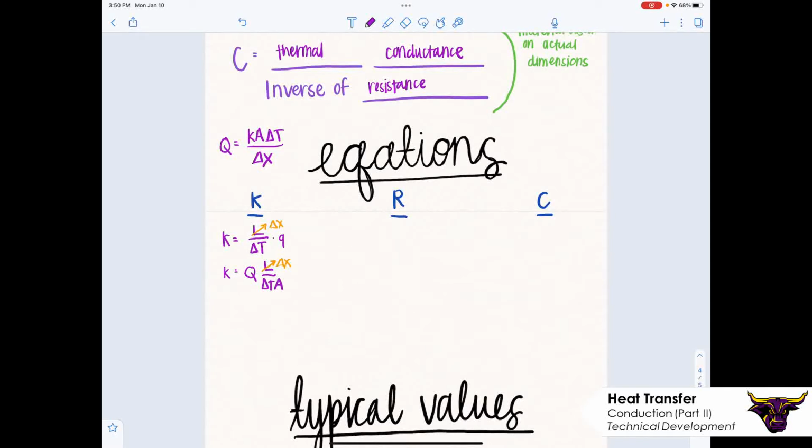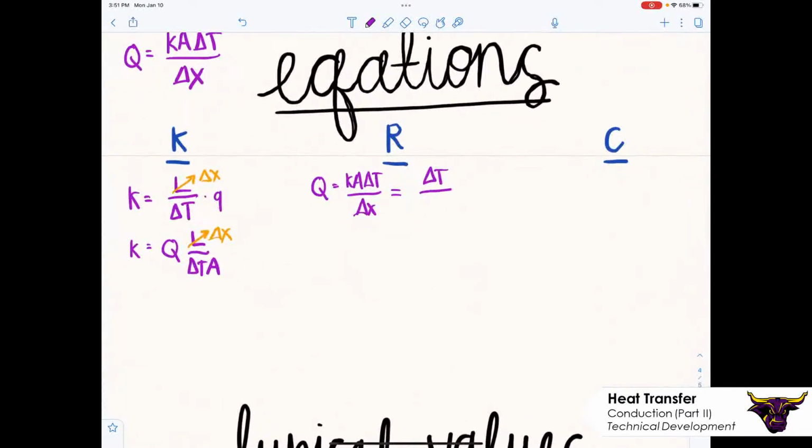Okay, so for R, we're still going to use that equation. So we're going to use Q is equal to Ka delta T over delta X, but we can rewrite that as delta T over, let me make this bigger again, delta T over delta X over Ka.